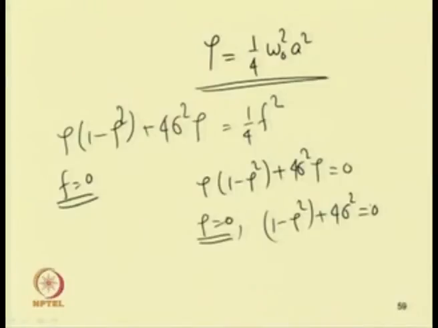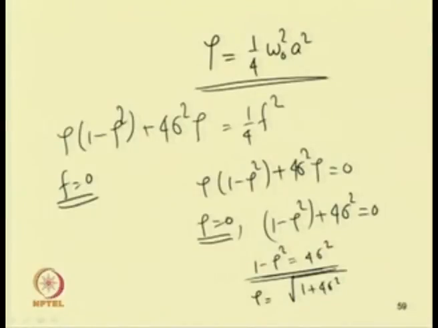So, in rho sigma plane, either rho will be equal to 0 or from this equation one can find 1 minus rho square equal to 4 sigma square, and rho will be equal to the square root of 1 plus 4 sigma square.